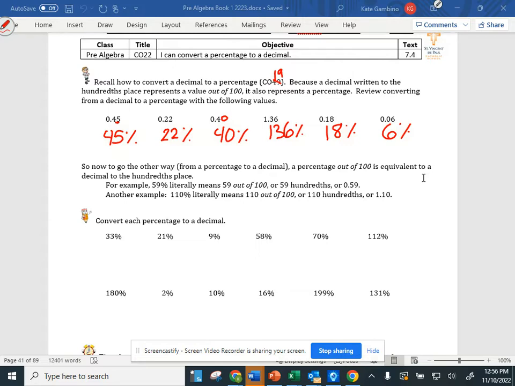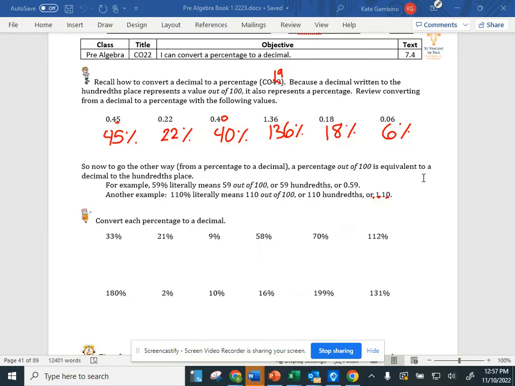Another example would be 110%, which literally means 110 out of 100, or 110 hundredths. So we know we want to go only to that hundredth place, so we have one whole. So 1.10, 1 and 10 hundredths. When you say 110 hundredths, it's the same as saying 1 and 10 hundredths. So you know where that decimal point goes.